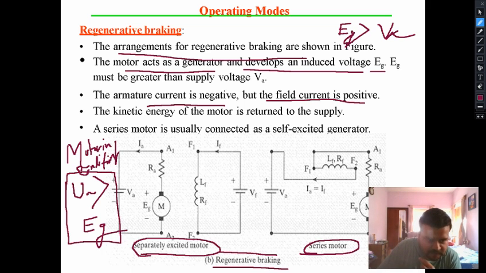So this is the case. So VA is greater than EG.